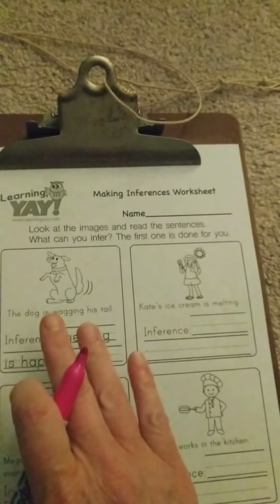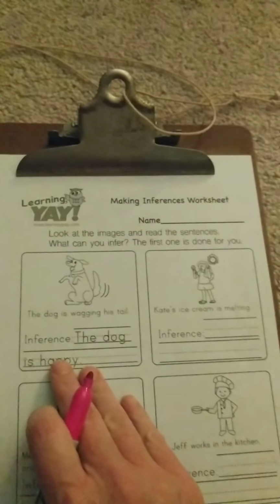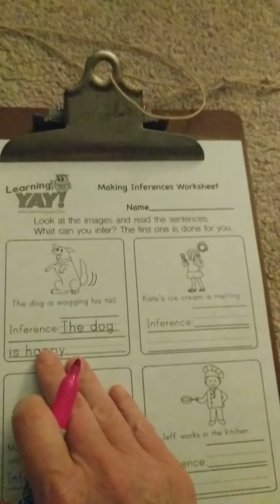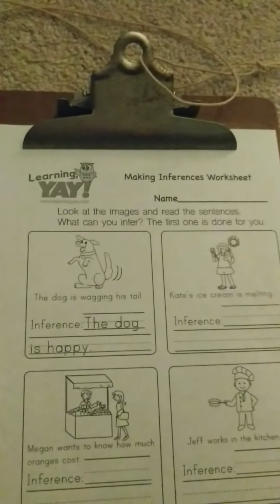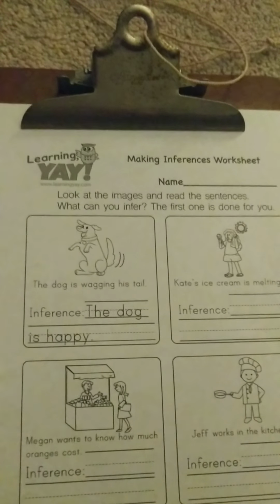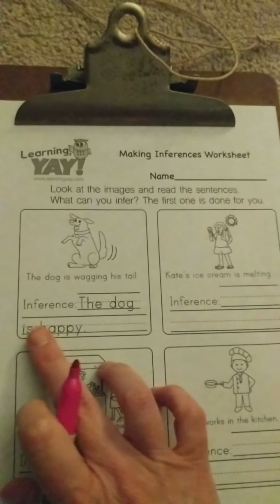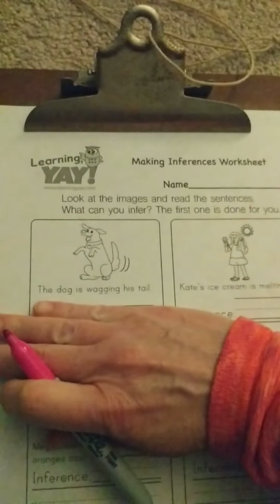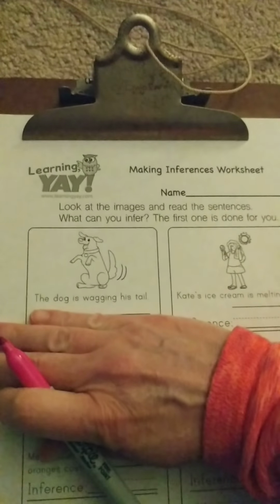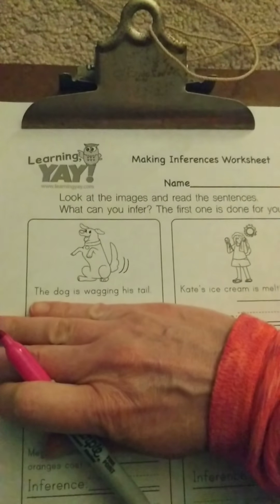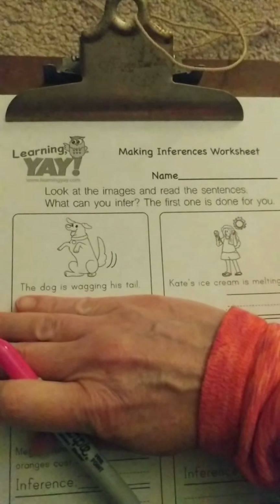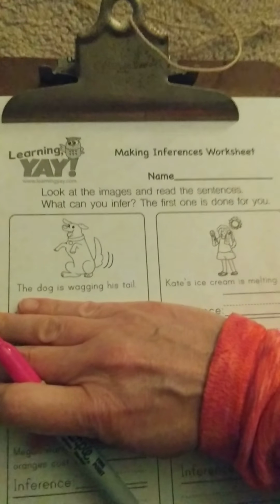Well, we see the dog wagging his tail. We know that dogs that wag their tails are probably happy. Yes. So the inference or the conclusion is the dog is happy. The author didn't tell us the dog was happy, but we were able to figure that out after reading the words and looking at the picture.